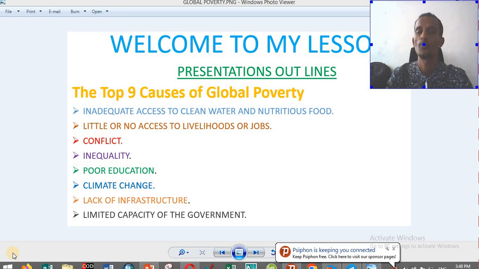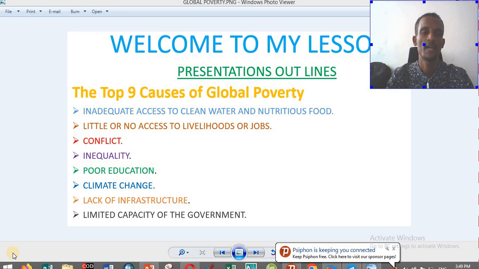inadequate access to clean water and nutritious food is the first one. The major and main cause among the 9 top problems of global poverty is inadequate access to clean water and nutritious food. The second we're going to see is little or no access to livelihood or jobs, the second major cause of global poverty.